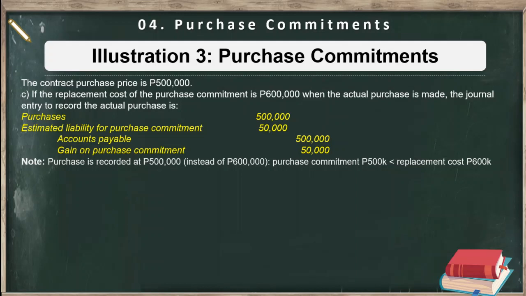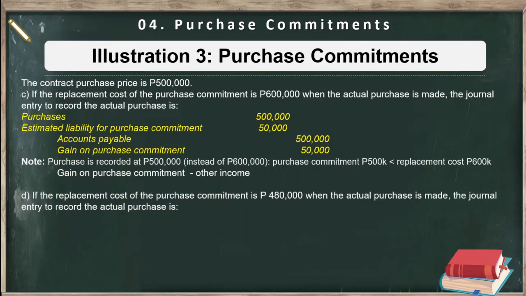Safe na ganito, di ba? Kay 500,000 siya no matter what. Kung mahal pa yung replacement cost, wala tayo labot adto. Dili na ta mamumlimaan na. We're not going to pay for the replacement cost because we already have this agreement in the amount of 500,000. So the gain on purchase commitment here will be recorded as other income.